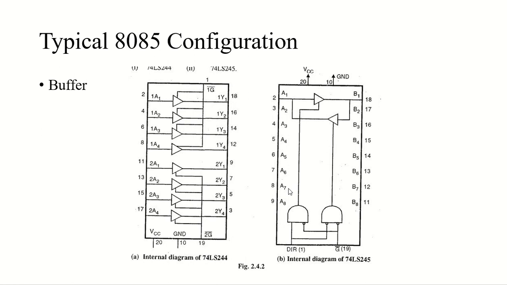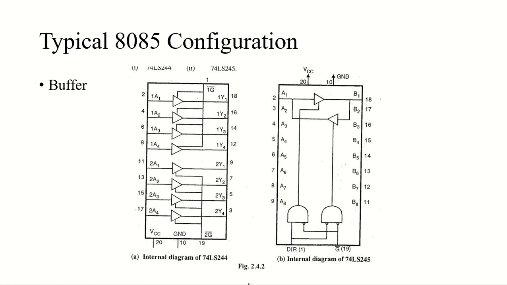When we select the buffer, it gives the respective output. But when we do not select the buffer, it makes the lines go to a high impedance state. And every single buffer line is capable of sourcing 15 milliampere current and sinking 14 milliampere current as well.